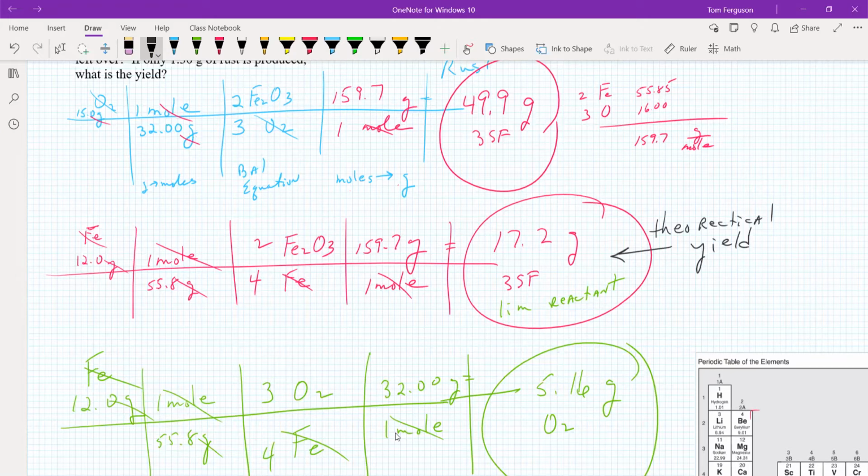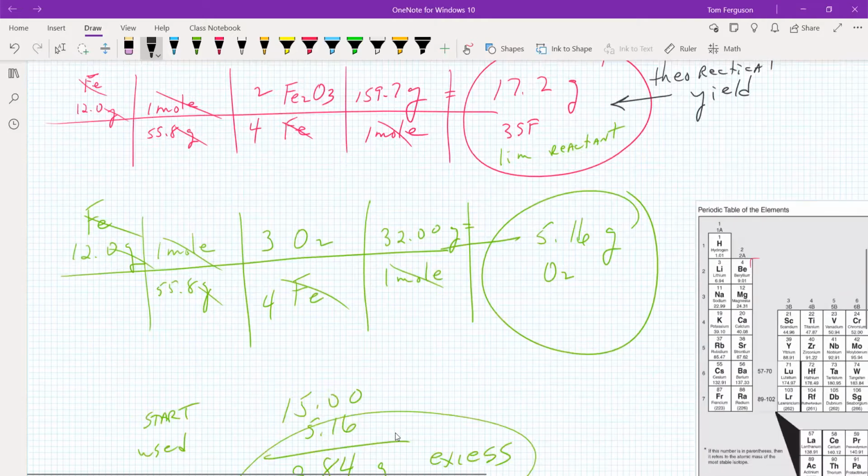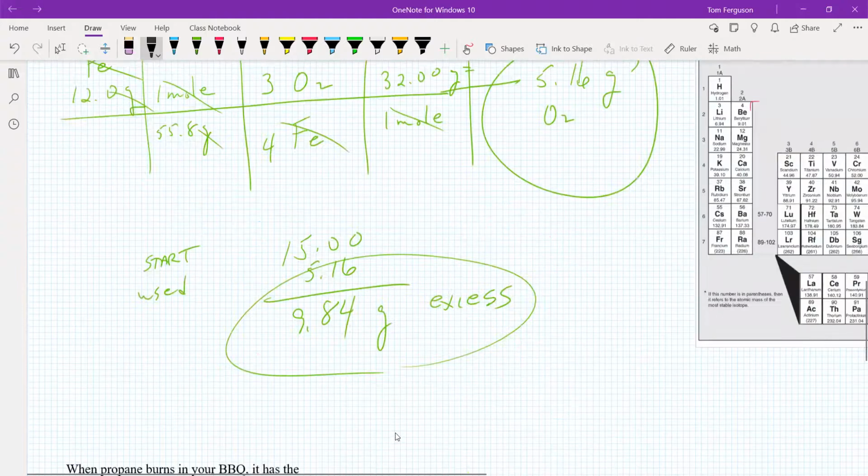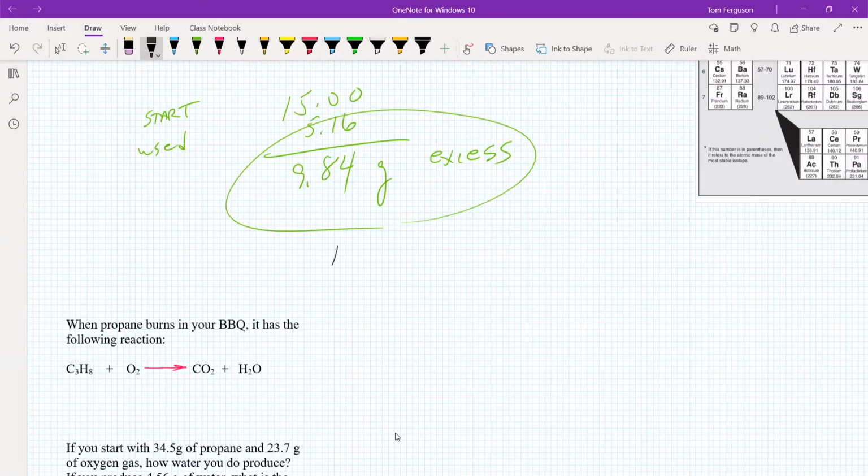Okay, so theoretically, the most we can get out of these conditions is 17.2 grams. But we only got 1.3. So our actual yield is 1.3.